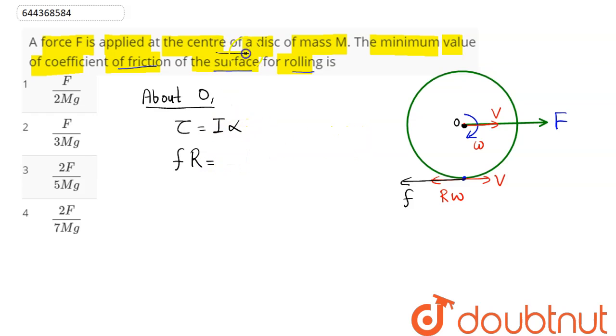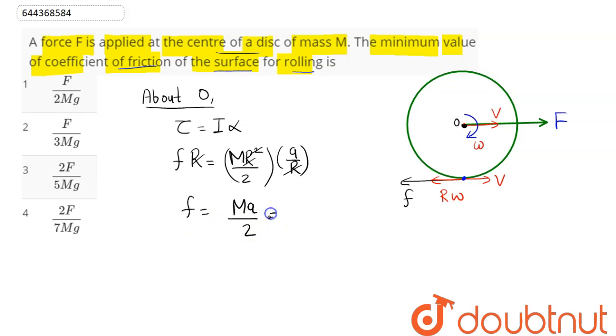Moment of inertia of the disk about center is given as mr square by 2 into alpha. So for pure rolling, we can say alpha is equal to A by R. So here A equal to R alpha means alpha equal to A by R. R and R cancel. So we have here friction given as MA divided by 2.